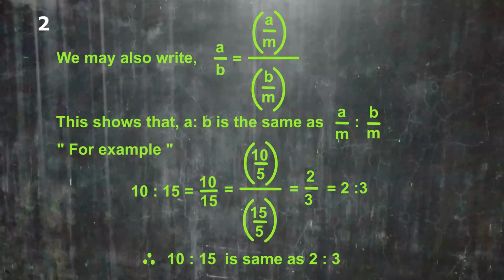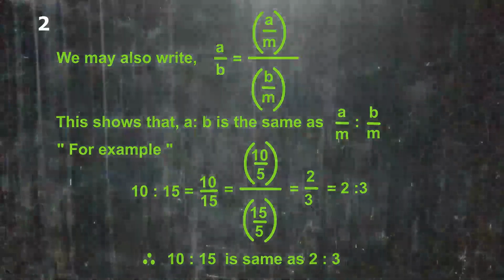We may also write A by B is equal to A by M whole divided by B by M. This shows that A is to B is same as A by M is to B by M. For example, 10 is to 15 is equal to 10 by 15, which is equal to 10 by 5 whole divided by 15 by 5, which is equal to 2 by 3, which is 2 is to 3. Therefore, 10 is to 15 is same as 2 is to 3.